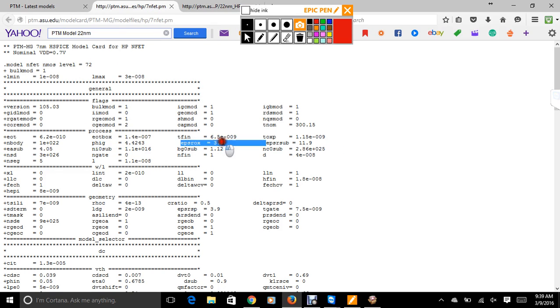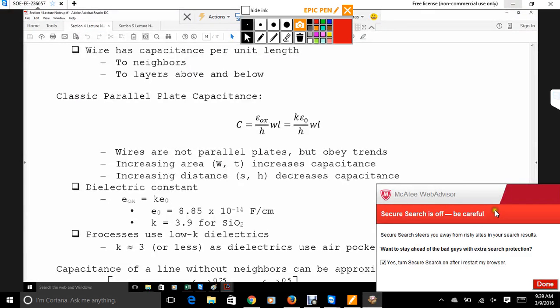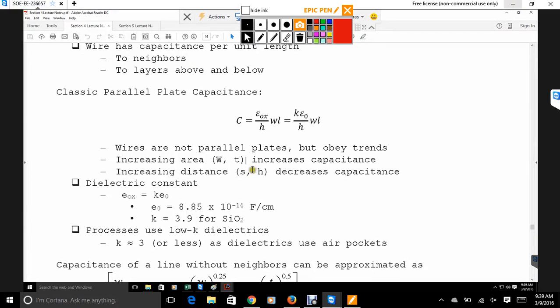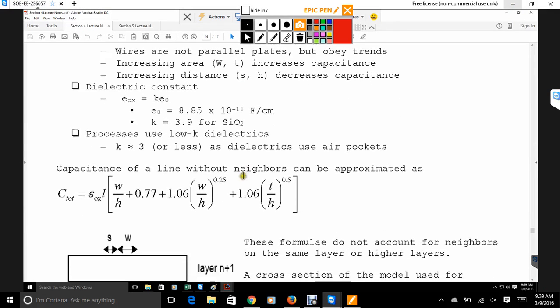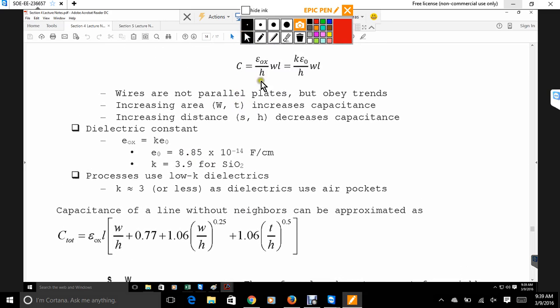In their models, they all use 3.9. They're still using silicon. If you're trying to have low K dielectrics, in this case you're trying to reduce the internal capacitances, and they're just using air pockets.